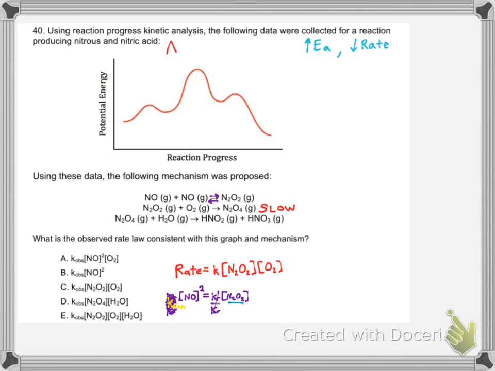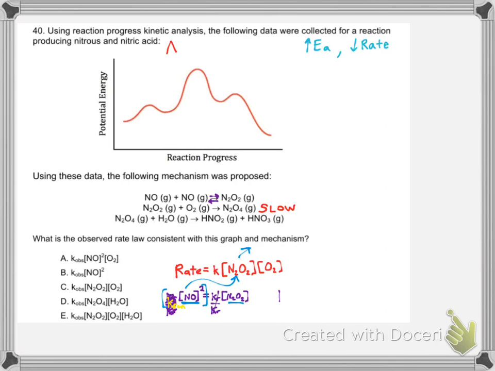Now that we've solved for N2O2, our intermediate, we can substitute it into our rate law. So we're going to take this whole thing and just plug it in. Again, we're giving N2O2 the intermediate the boot. And then when we do, we'll end up getting our final rate law, which will be a working rate law.